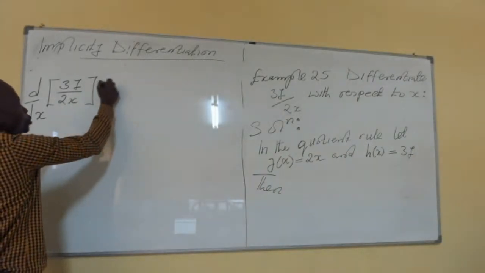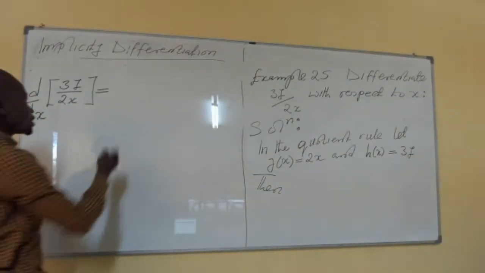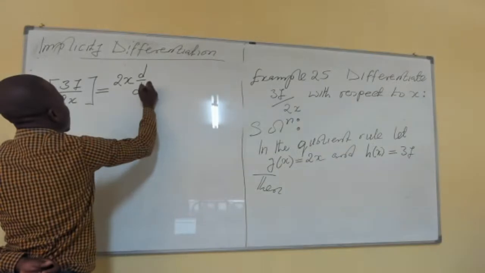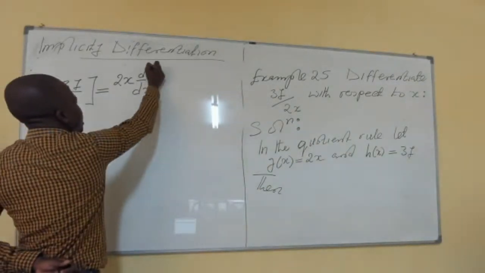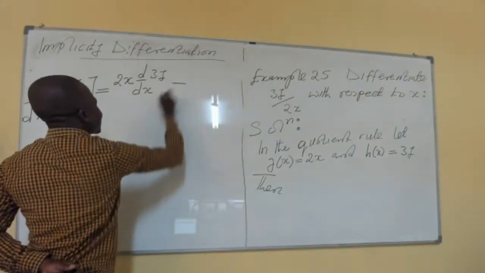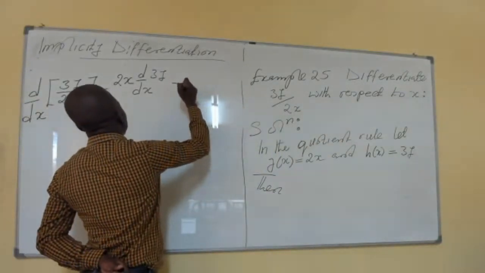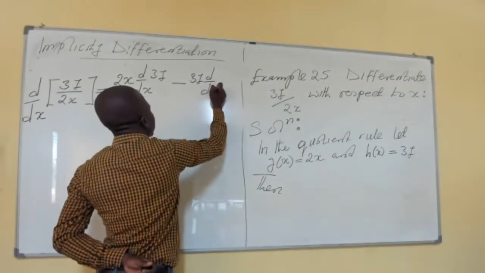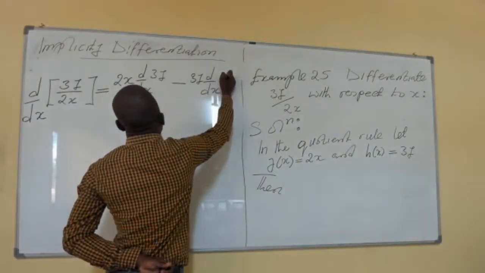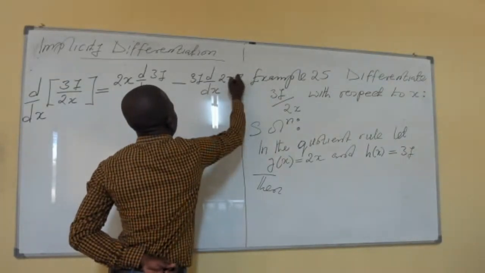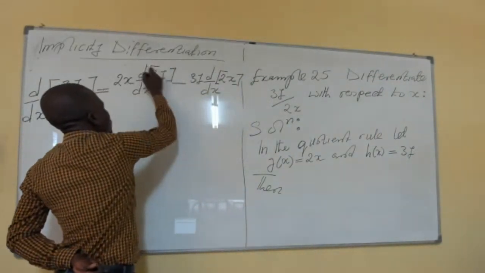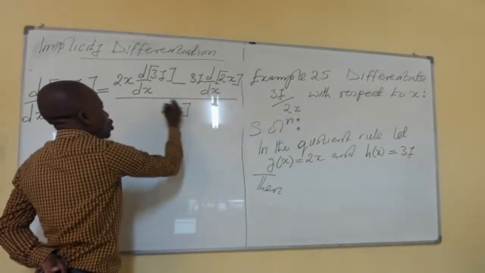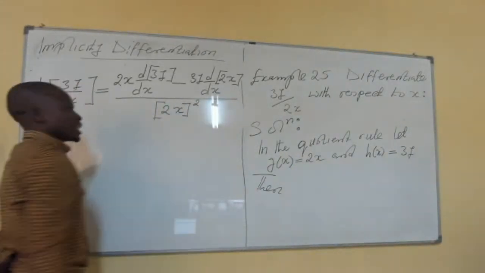Using the quotient rule, this is equal to the denominator multiplied by the derivative of the numerator, minus the numerator, which is 3y, multiplied by the derivative of the denominator, which is 2x, everything over the square of the denominator.